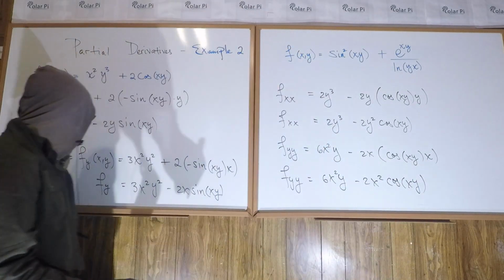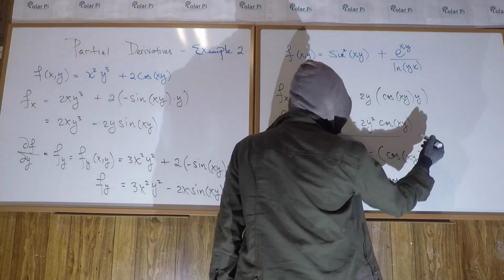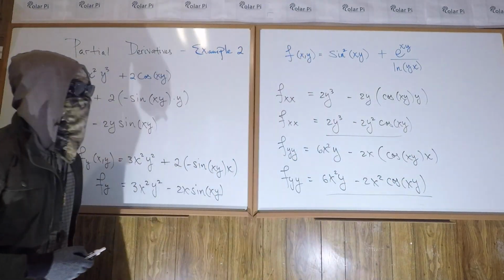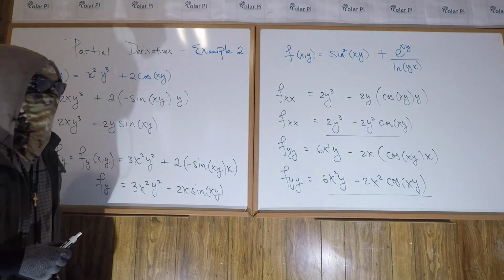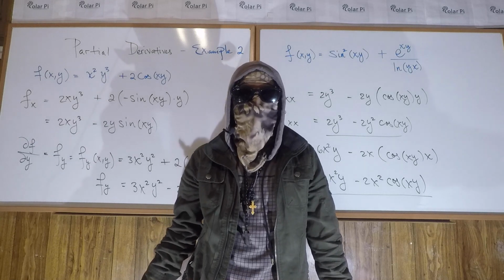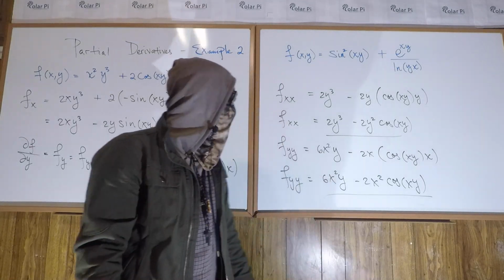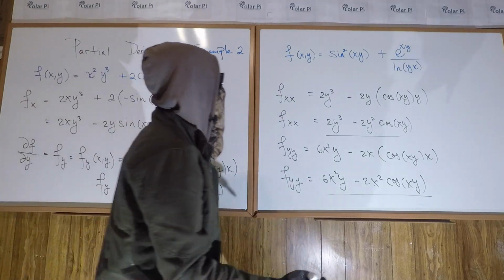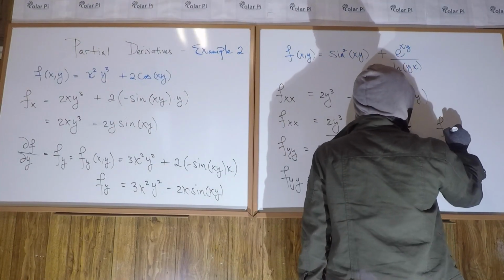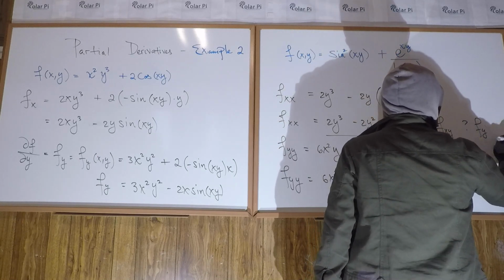Now, if you look at the answer for f_xx and f_yy, clearly they're not the same, but there's some symmetry. And the next example, we will state a very important result called Clairaut's theorem, aka Young's theorem, about what happens if you do f_xy and compare it to f_yx, like this.